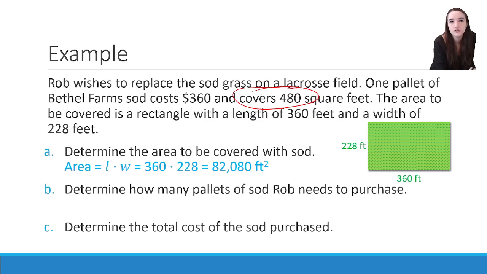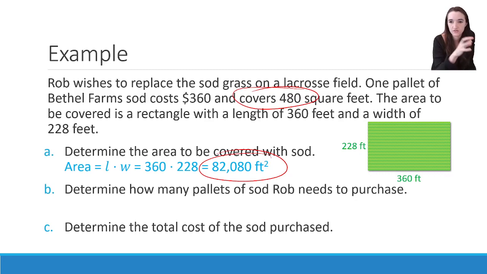So we could think out a proportion to solve this, or we can just think about it a little bit logically here. We know we have the area of 82,080 square feet, and we want to cover 480 square feet with a pallet.